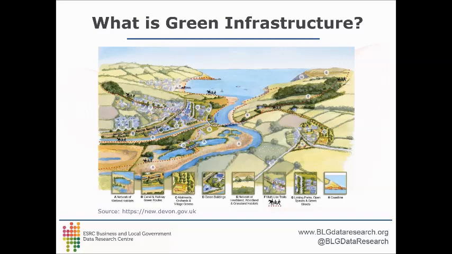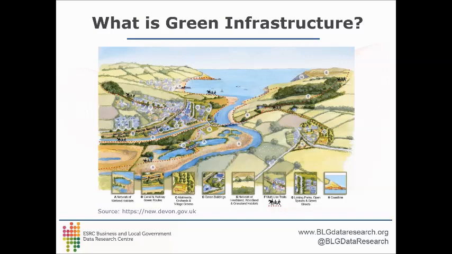If you want a more formal definition of what green infrastructure is, one of the definitions used by Natural England in their reports is the network of multifunctional natural and semi-natural features, green spaces, rivers and lakes, that intersperse and connect villages, towns and cities, and are integral to the quality of life in sustainable communities.